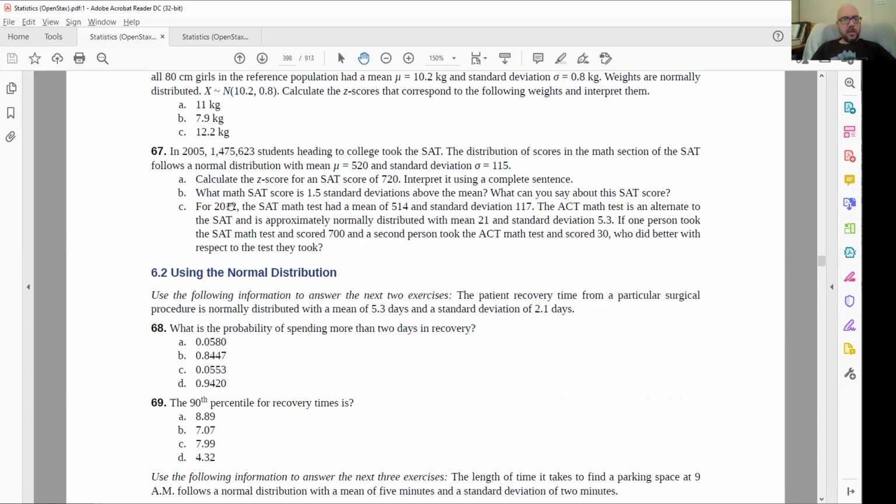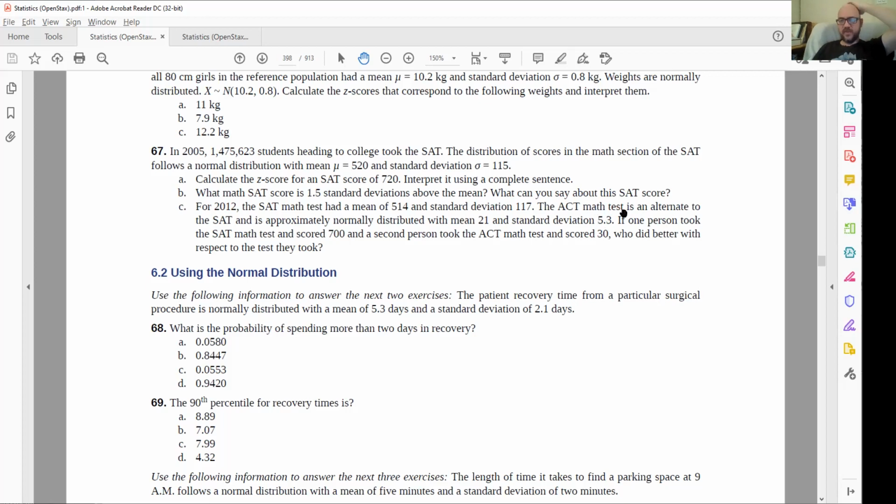Okay. So in 2012, the math test had a mean of 514 and a standard deviation of 117. The ACT is an alternative to the SAT and is approximately normally distributed with a mean of 21 and a standard deviation of 5.3. That's interesting that their standard deviation got smaller. The ACT attempts to have their standard deviation be 6 and have a mean of 18, I believe.